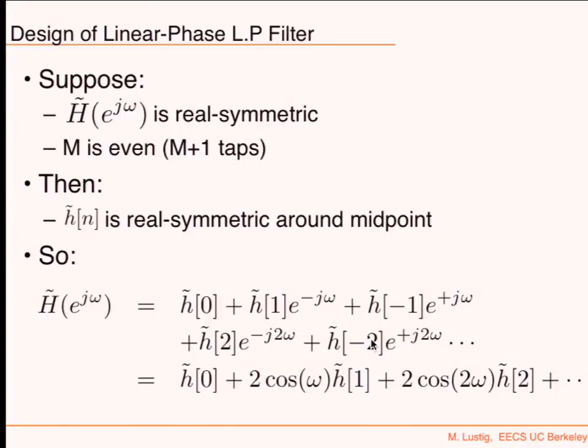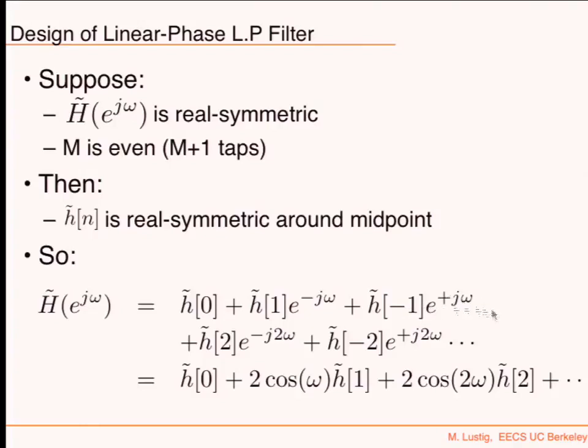Okay? So I'm still summing from minus n to n, because our filter is only from minus n to n. But I'm just reordering it. A sum, I can reorder it, doesn't matter. So the same sum is going to look like H tilde of 0 plus H of 1 e to the minus j omega, because the n here is basically 1, plus H of minus 1 e to the plus j omega, because it should have been minus 1.